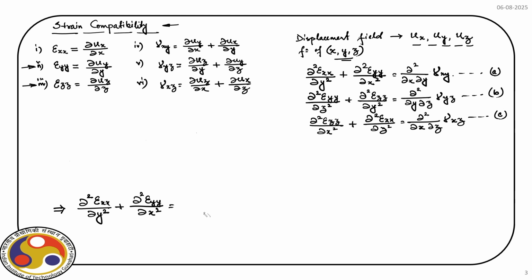We need to differentiate those components with respect to x, y, z appropriately, and then we can find out all these strain components. Now, obviously, as I explained, look at this expression. If we consider epsilon xx, epsilon yy and gamma xy, we can develop an interrelation between them, and that is what we have here, and that is how we have developed these three equations.